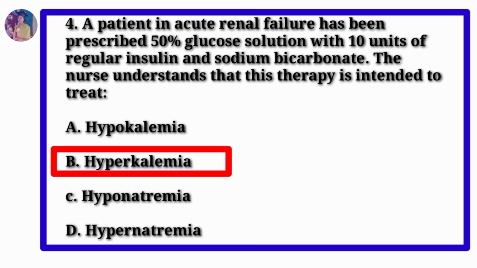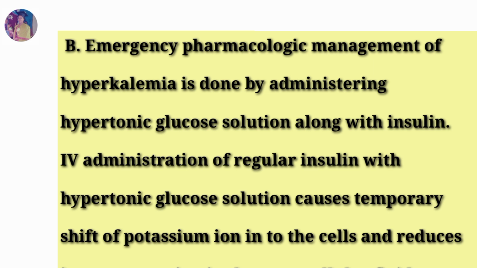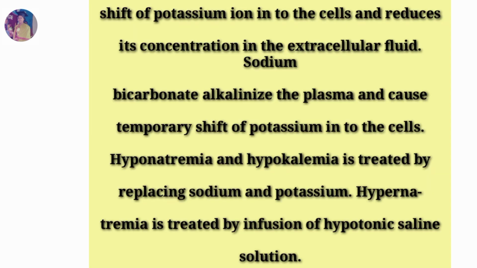Option B. Hyperkalemia. Rationale. Emergency pharmacologic management of hyperkalemia is done by administering hypertonic glucose solution along with insulin. IV administration of regular insulin with hypertonic glucose solution causes a temporary shift of potassium ions into the cells and reduces its concentration in the extracellular fluid.